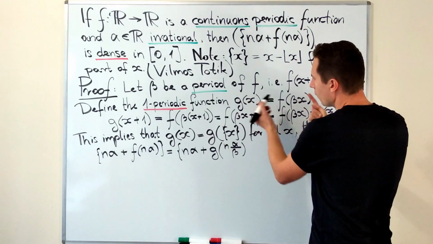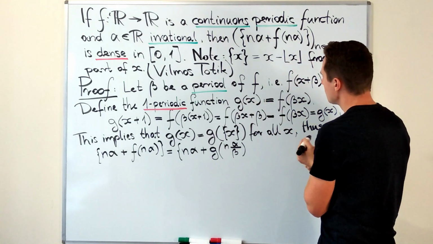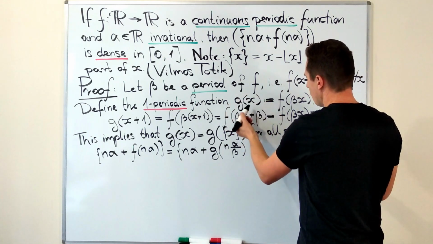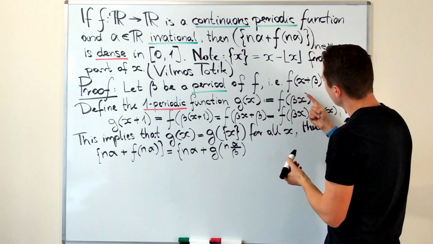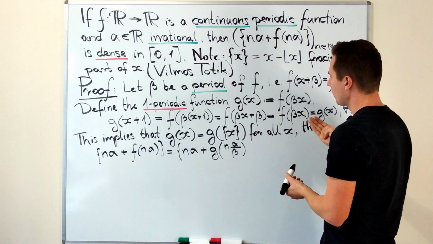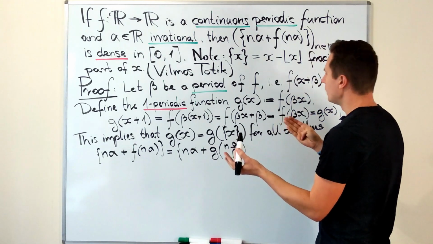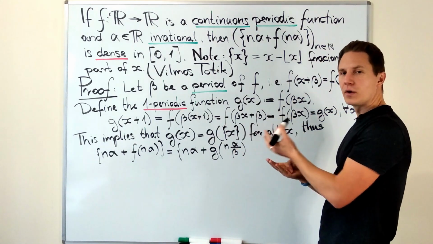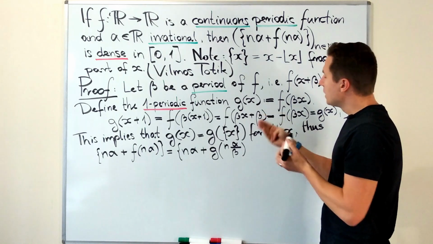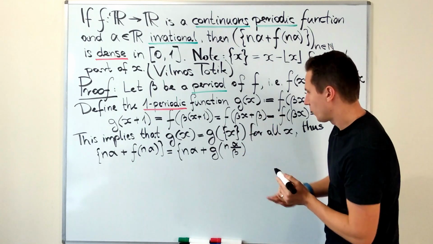So if we want to go back and forth between these functions, if we want g of x, we have to multiply the argument of f by beta. If we want f of x, we have to divide the argument of g by beta. So that's what we've been doing here.